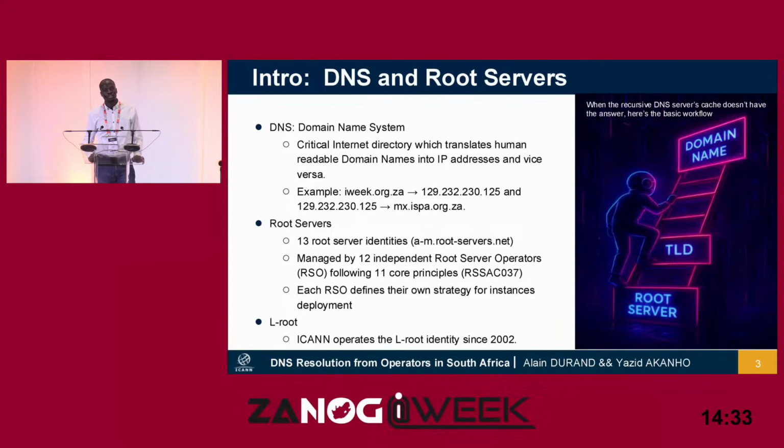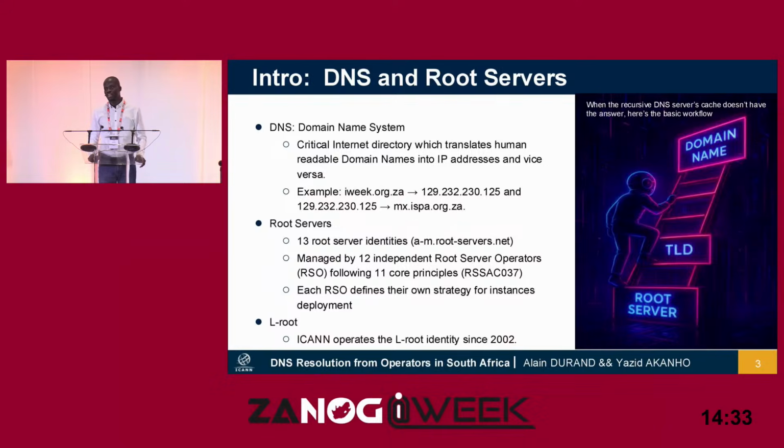Why? Because, well, the way the DNS is designed, of course, we know that it is a hierarchical infrastructure, and of course we have on top of it what we call the root zone. This is where .za is defined. This is where .com, .org, .africa, .joburg, etc., which are all called the top-level domains, are actually delegated.